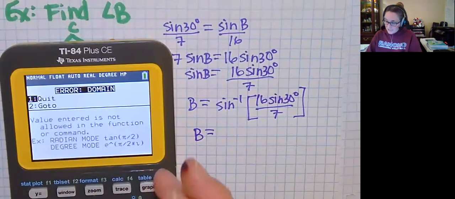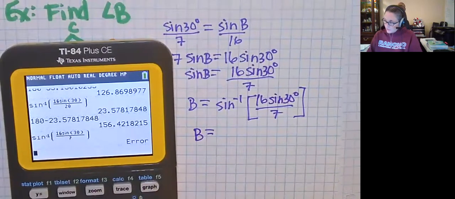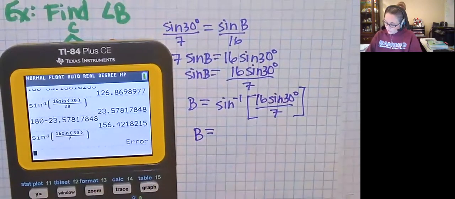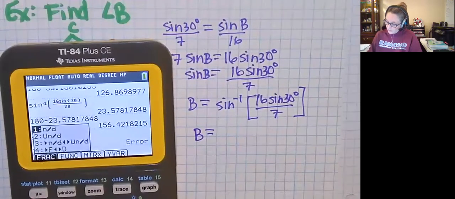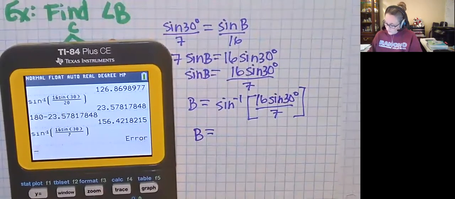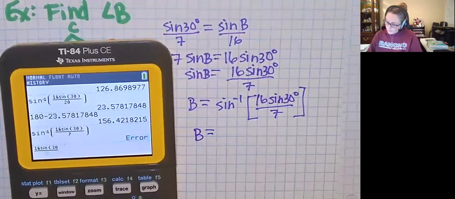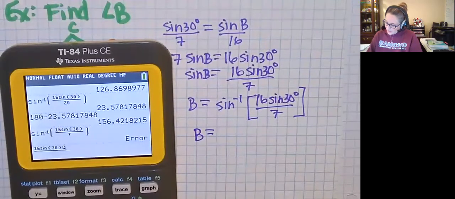Now the reason is, if I take just this piece right here, before I do the sine inverse, I get 16 sine of 30 over 7.